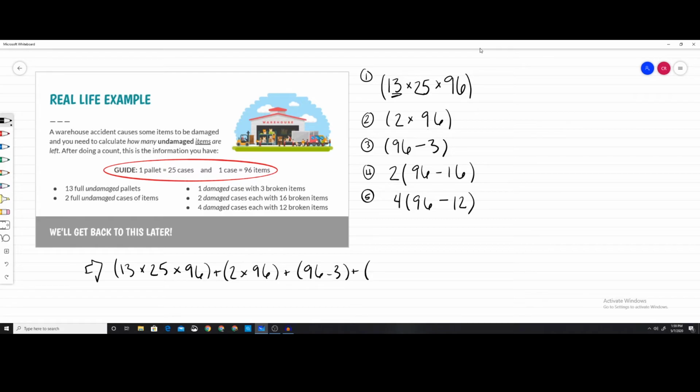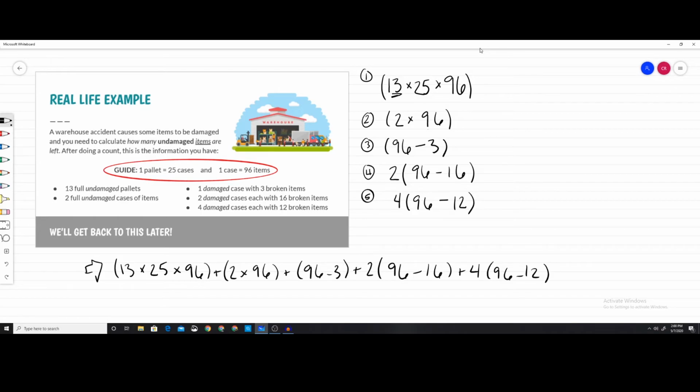And remember, my strategy was to go bullet by bullet and find the undamaged items in every single bullet point. So, plus 2 times 96 minus 16 plus 4 times 96 minus 12. So there's the expression written out totally.